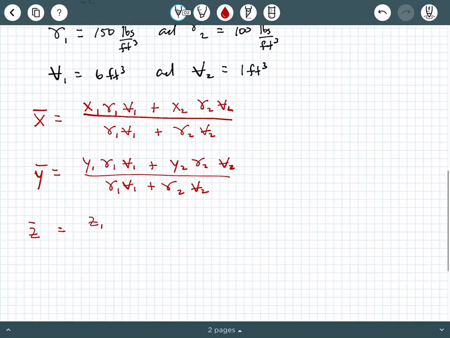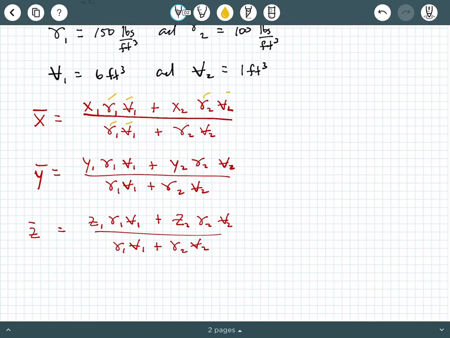Notice those denominators are the same. And then z bar is z1 gamma 1 v1 plus z2 gamma 2 v2, all divided by gamma 1 v1 plus gamma 2 v2. We can put check marks by everything we know. We know all these gammas and volumes, so we can check off all these.